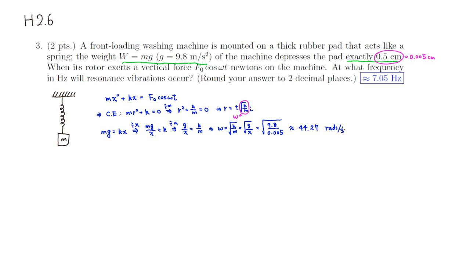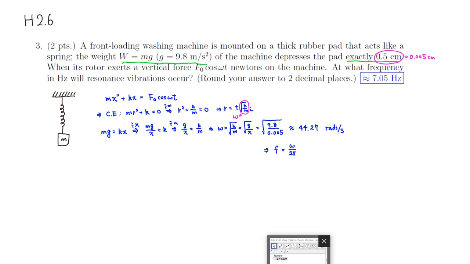But this is in radians per second, and they are looking for a frequency in hertz. So what we need to do is divide by 2 pi. The frequency f is going to be omega divided by 2 pi, because one cycle is 2 pi, so it tells you how many cycles you go through per second.